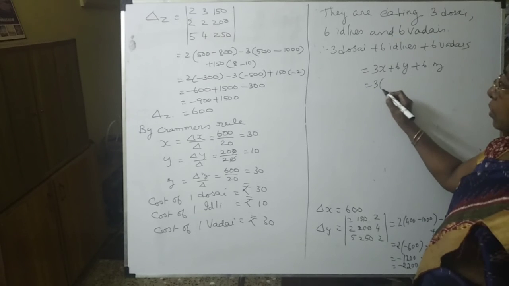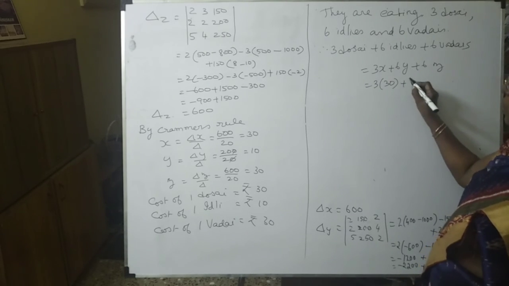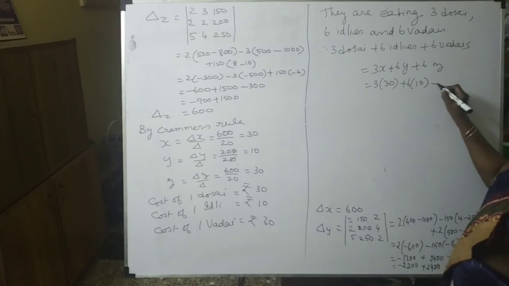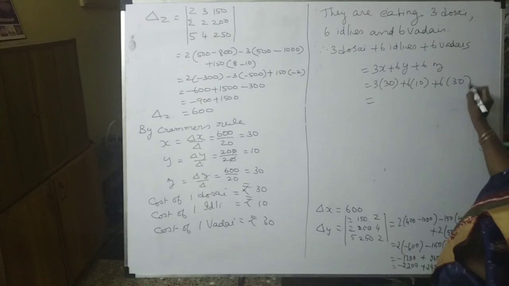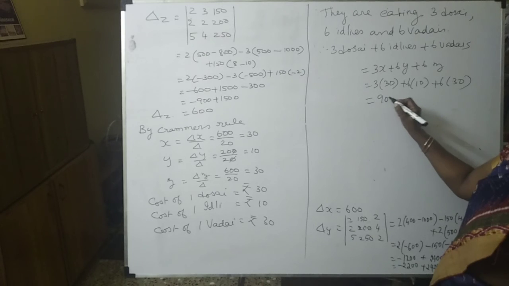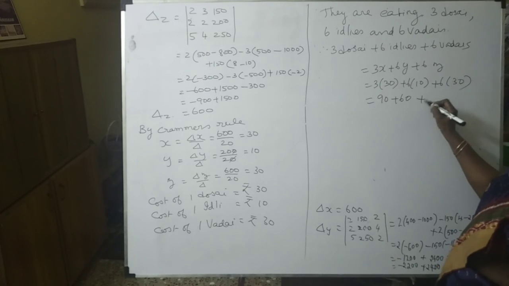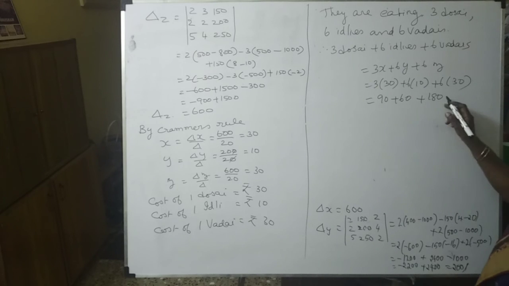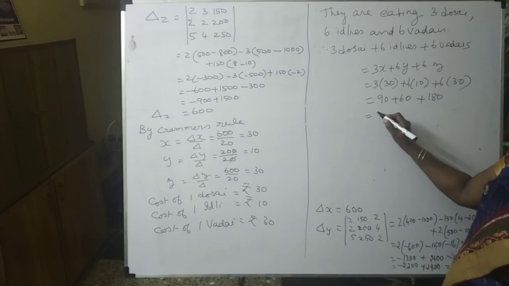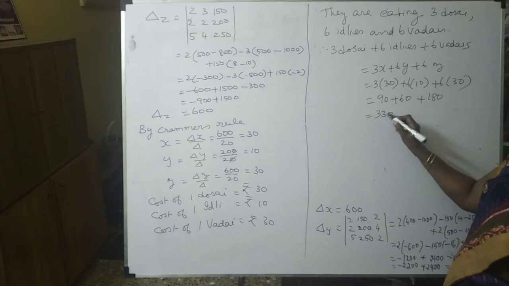This is equal to 3 into 30 plus 6 into 10 plus 6 into 30. This is going to be 90 plus 60 plus 180. So 150 plus 180 is equal to 330.